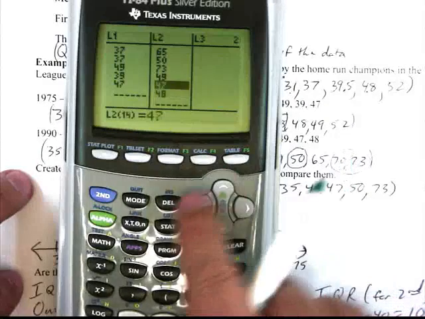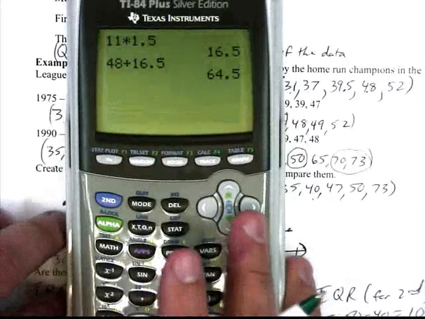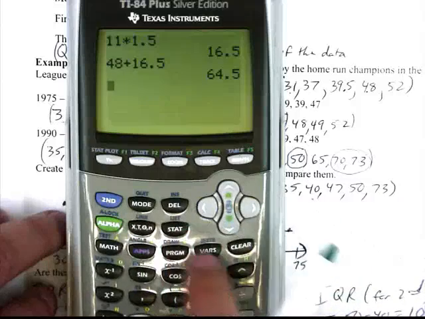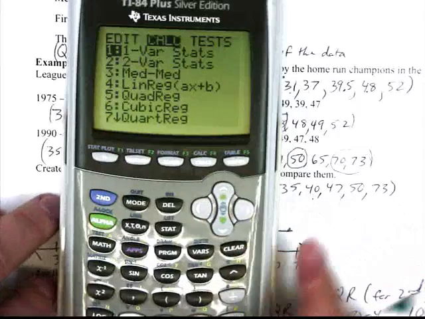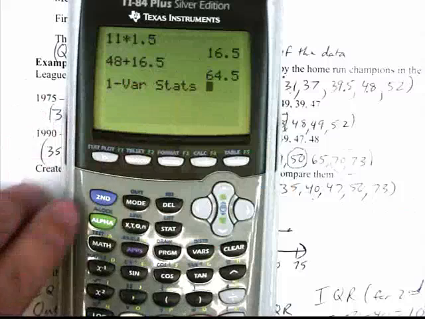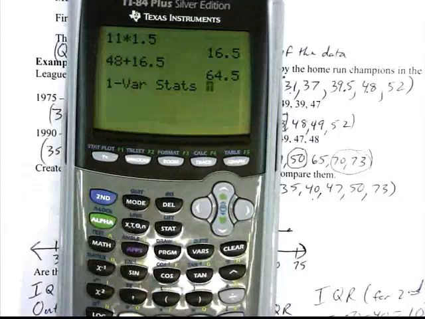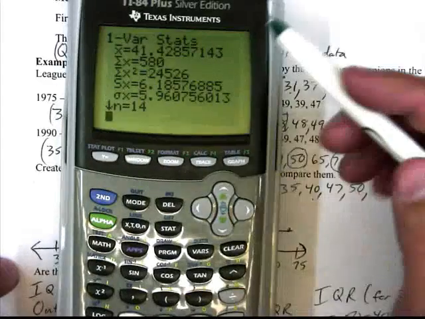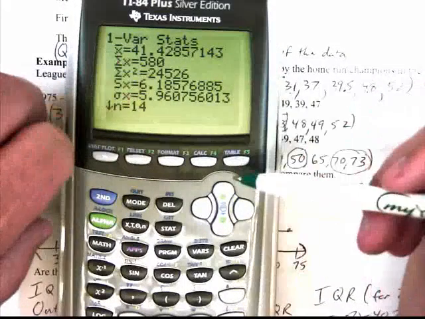And now we can actually use the calculator to find a lot of different statistics. Once I've got those in there, I'm going to go to Stat, move over to Calculate, and use one variable statistics. I'm going to start by looking at L1, so I'm going to hit second and 1. Notice there's an L1 there. And I'm going to hit Enter. The first thing it gives me is X bar. Remember we said that that was our mean?